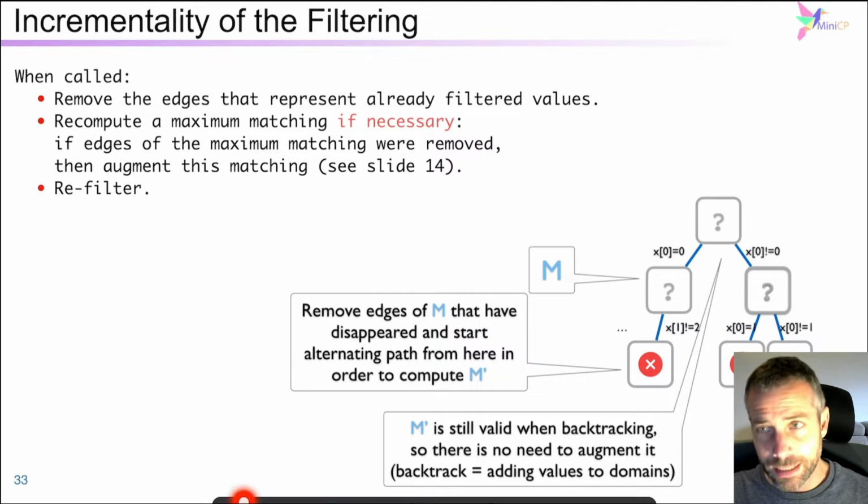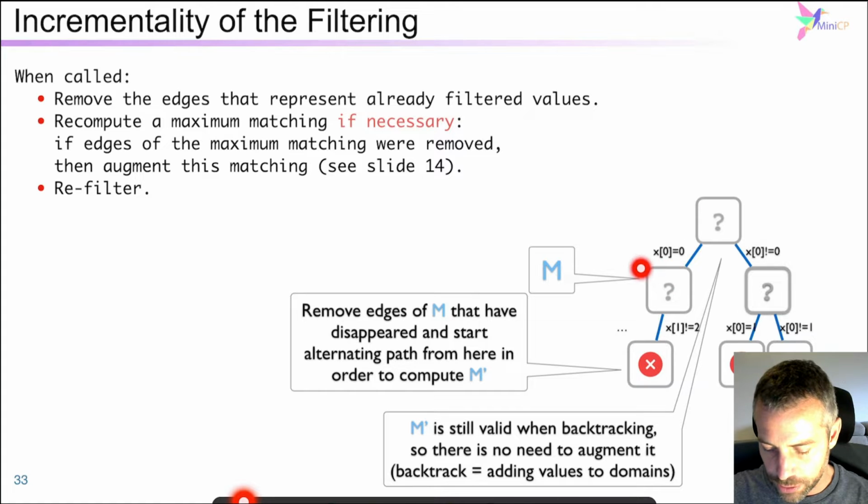What is important to notice is that when you go down in the search tree and you are removing values from the domain of the variables, assume that, for instance, you have computed a maximum matching in this node for an AllDifferent constraint of your model.